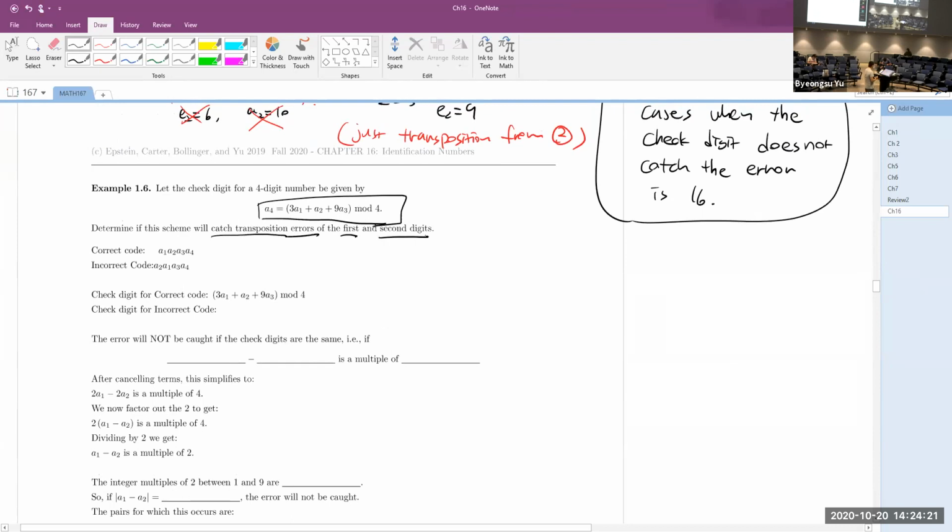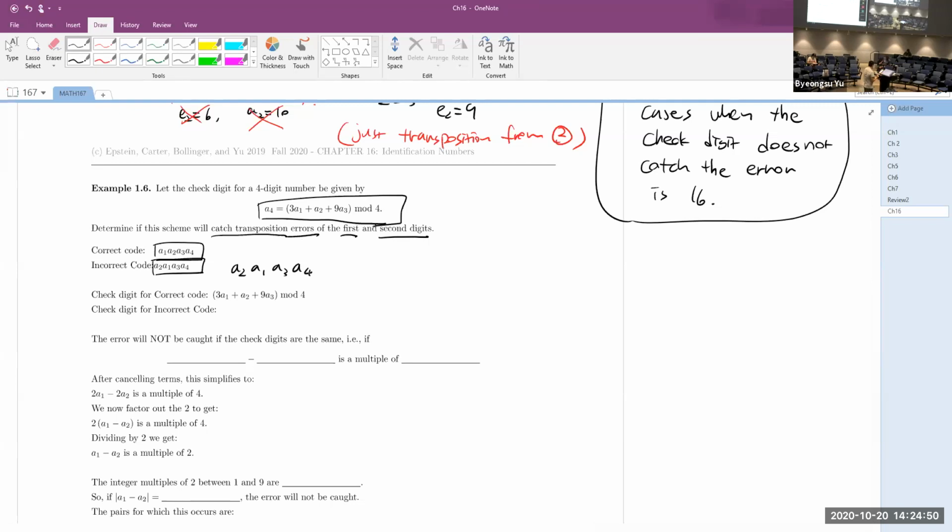So in this case, instead of an error on a single digit, we have a transposition error on the first and second digits. If we assume the correct one is A1, A2, A3, A4, then the incorrect one is A2, A1, A3, A4, right?